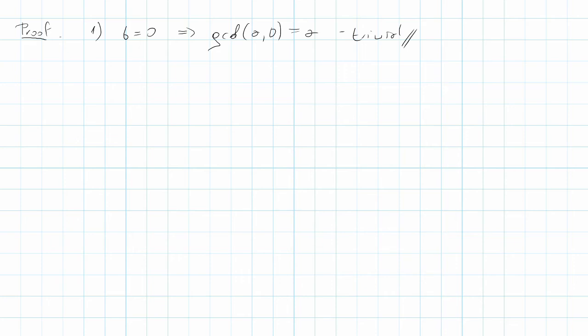Now we can assume that otherwise B is non-zero. So when B is non-zero, then this is a Euclidean domain, so there exist Q and R such that A is B times Q plus R, and the norm of R is strictly smaller than the norm of B.